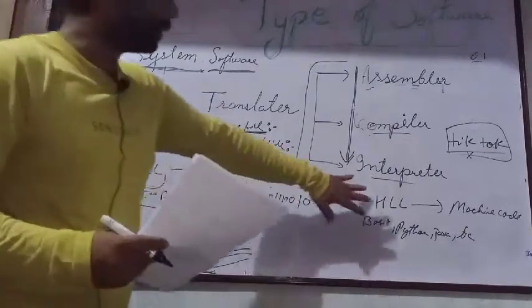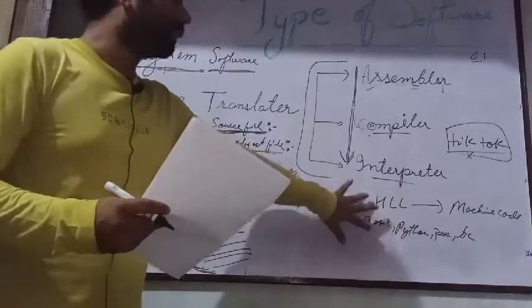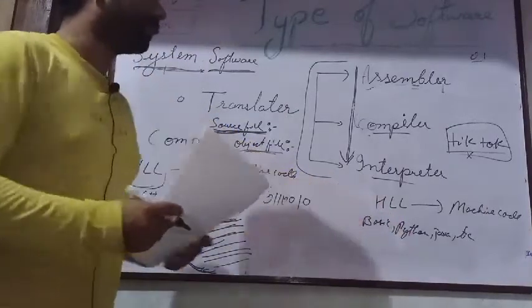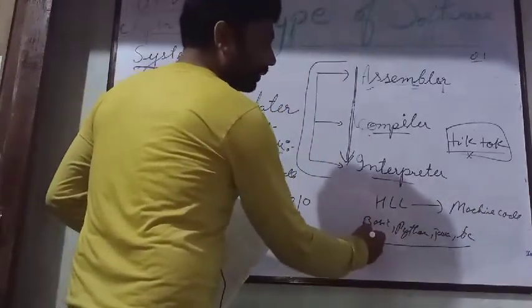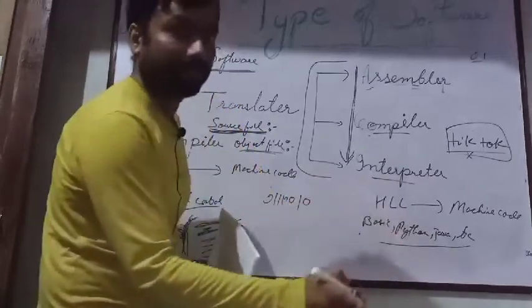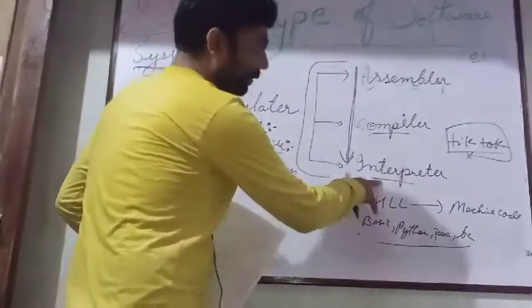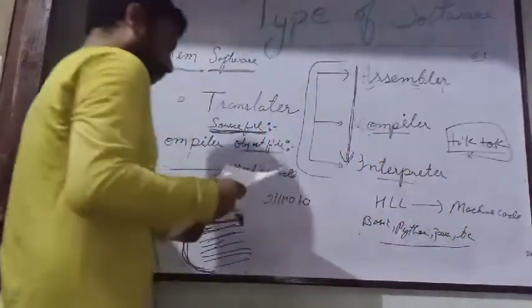So many programming languages are there in this high level language, and they have a translator named interpreter. This interpreter converts the language into the machine code.